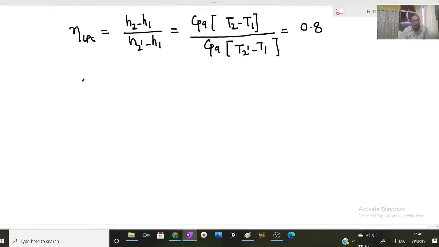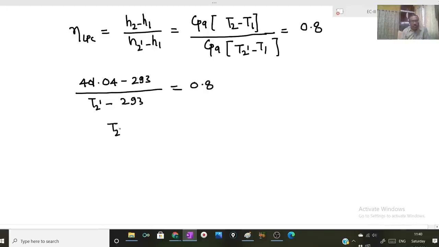So (401.04 minus 293) over (T2 dash minus 293) equals 0.8, where T2 dash is to be calculated. So T2 dash will be equal to 428.05 Kelvin.